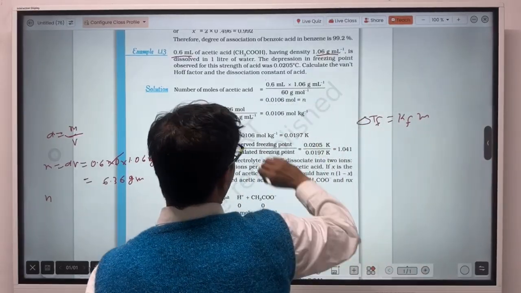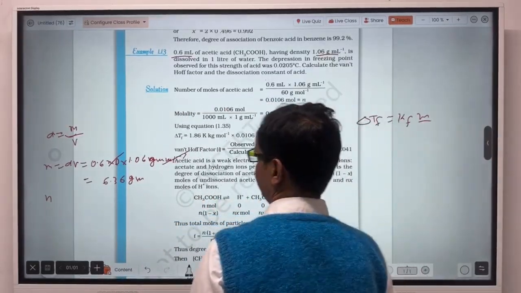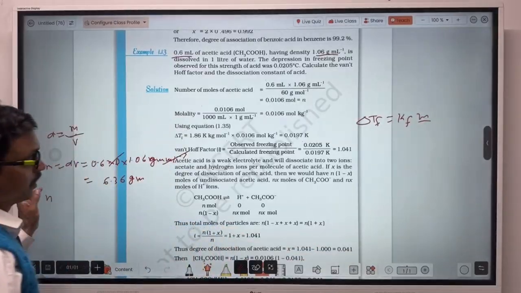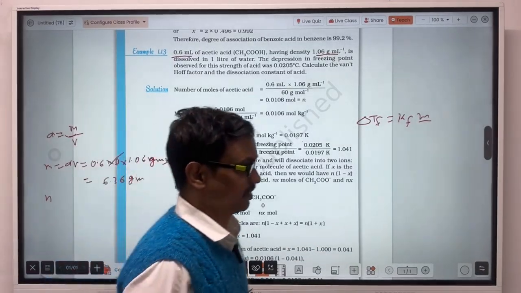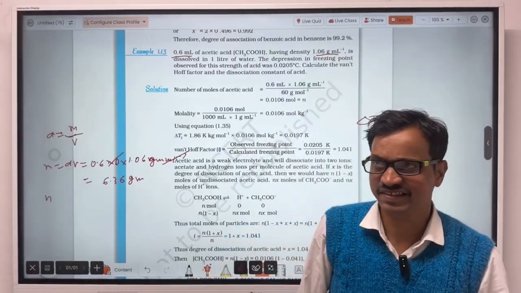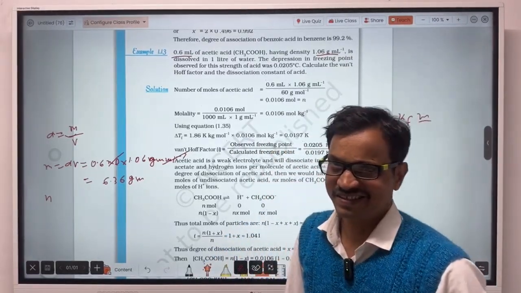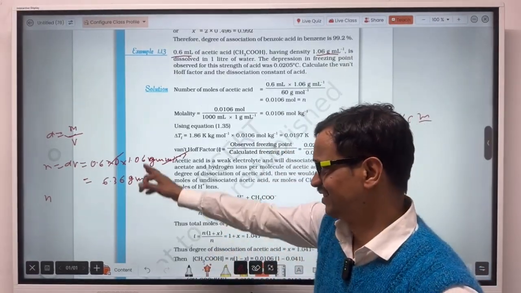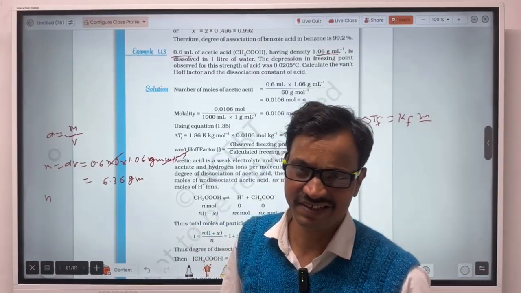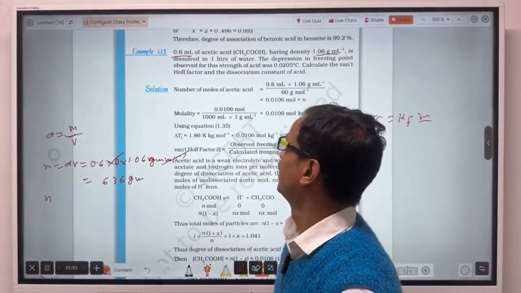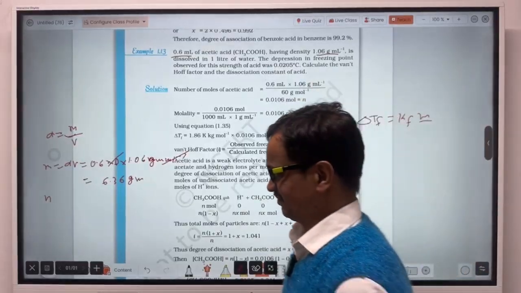Kf has been given, so you have to calculate molality. To calculate molality, you need the number of moles, and to calculate the number of moles of acetic acid, you need the mass of acetic acid. So firstly, I have calculated the mass of acetic acid dissolved in water.